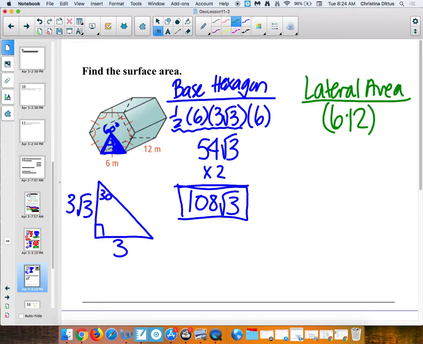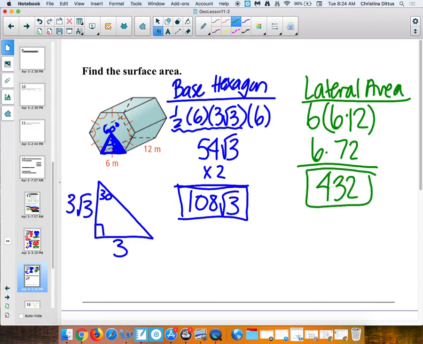How many are there? 6. So 72 multiplied by 6 gives us 432.